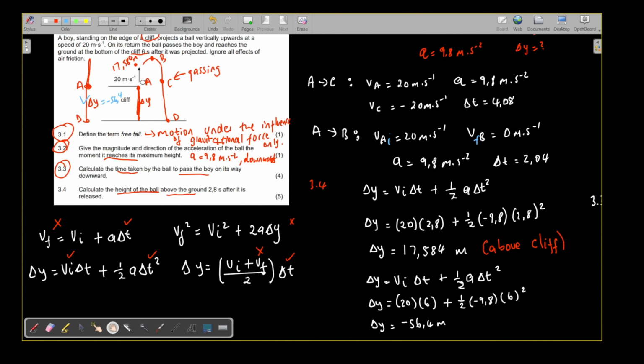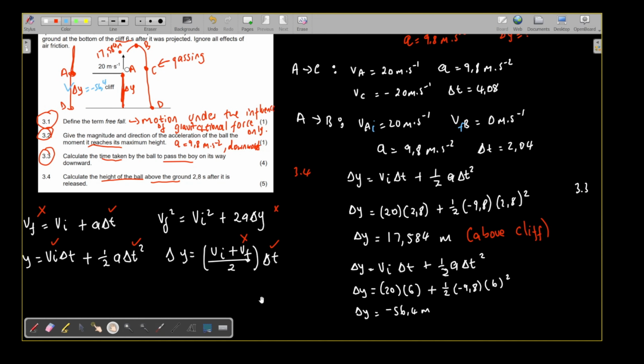Since height is positive, this is displacement, good people. It's not really the height. You have to understand that once you are talking about direction, you are referring to displacement, but in terms of height, it's simply positive 56.4.